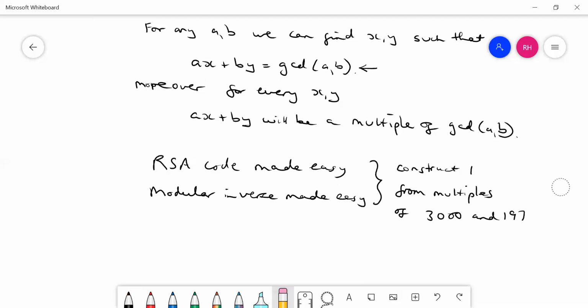The GCD of 3 and 197 is 1. And sure enough, there is a way that you can actually go about finding how to construct the number 1 as an addition of a multiple of 3 and a multiple of 197. That's not so easy to do if you don't know the trick, called the extended Euclidean algorithm.